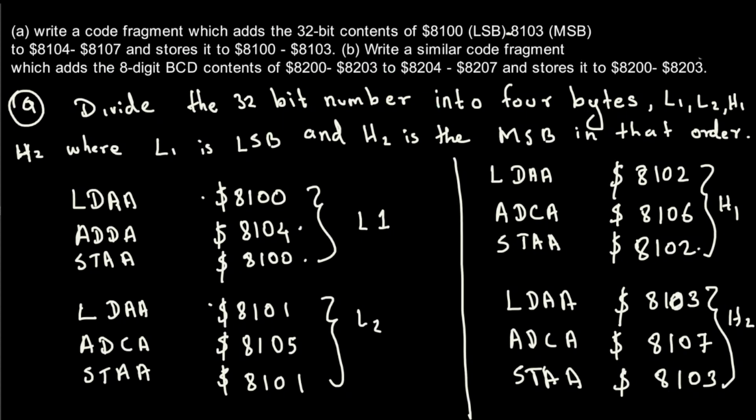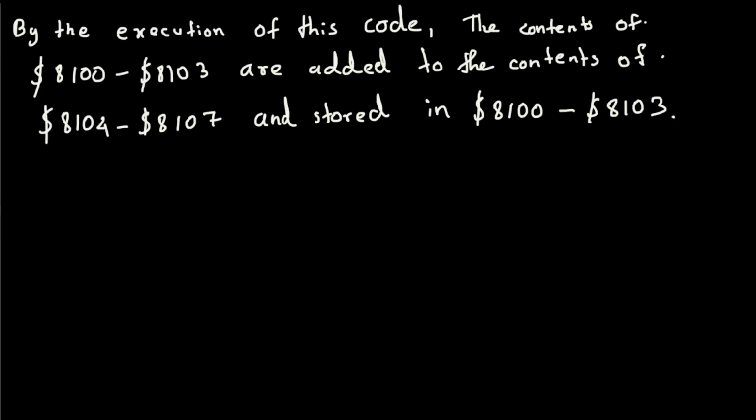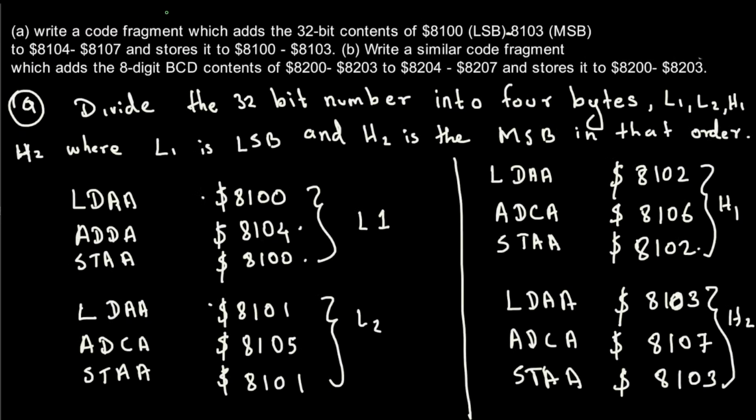I'm going to create a new page. The B part. Again, start with the first one, the least significant digit. In this case, that is 8200. Load that one.